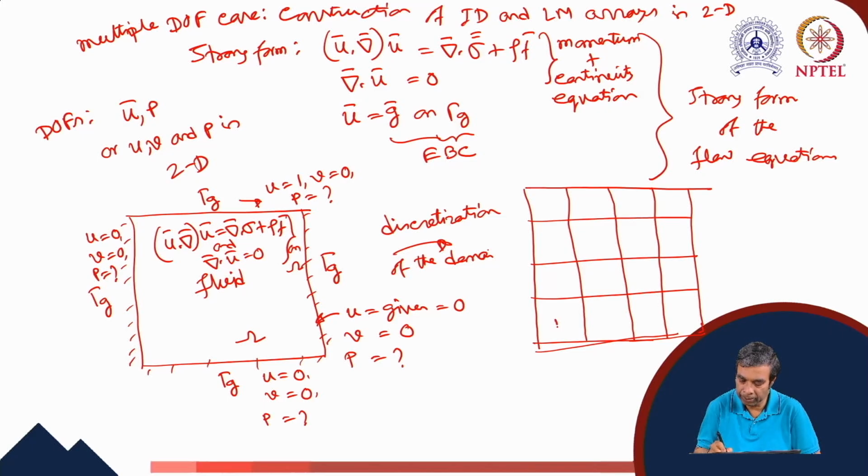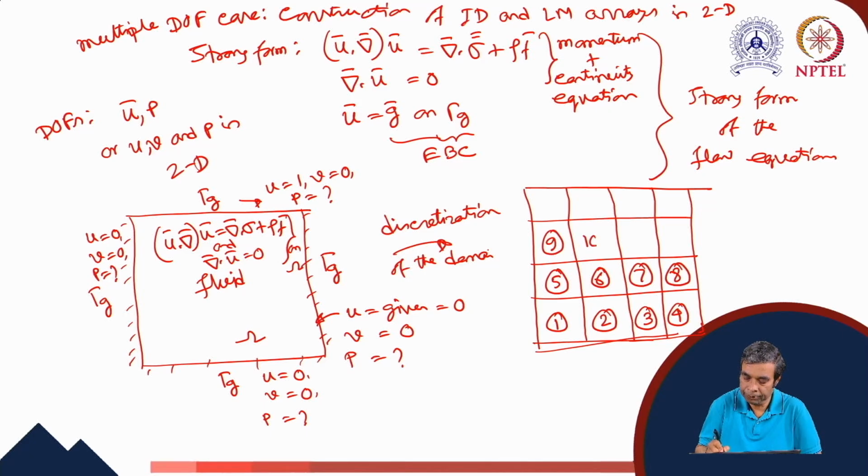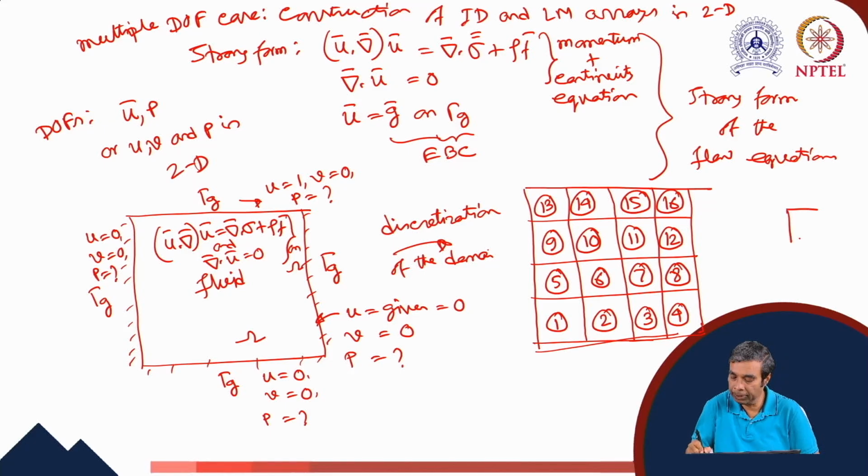So here we have elements 1, 2, 3, 4, 5, 6, 7, 8, 9, 10, 11, 12, 13, 14, 15, and 16. This is a representative finite element. This is the bilinear quadrilateral element. It has the local nodes 1, 2, 3, and 4.